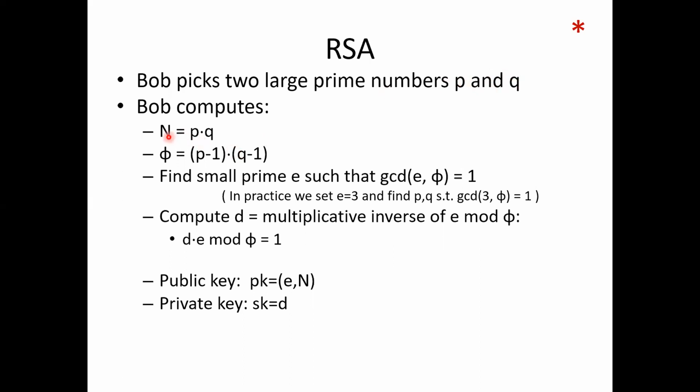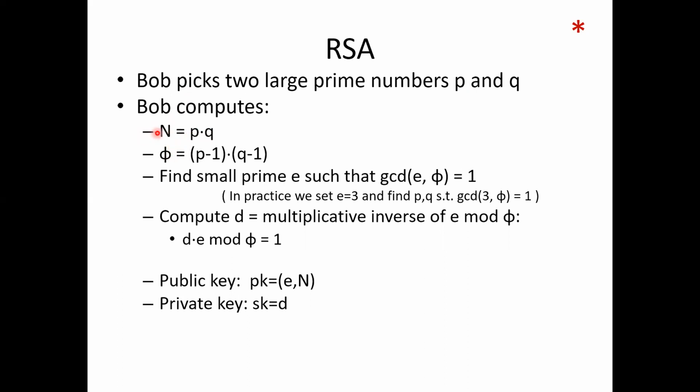And what you do with them is you multiply them. That's the modulus that an RSA cryptosystem will use. It's a composite, and it's made of multiplying two very large primes. If these two primes are 1,000 bits each, the modulus is 2,000. If these two primes are 2,000 bits each, then this is 4,000. This is abbreviated as 2,000-bit RSA or 4,000-bit RSA. Okay, different levels of security of a cryptosystem.